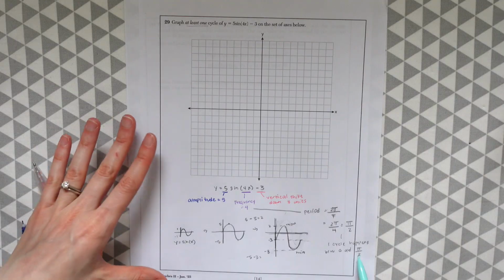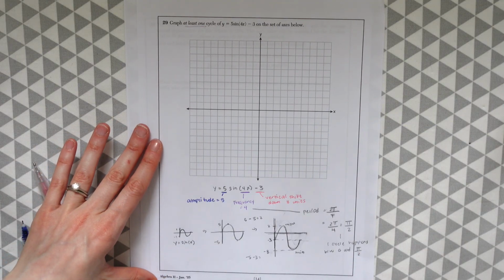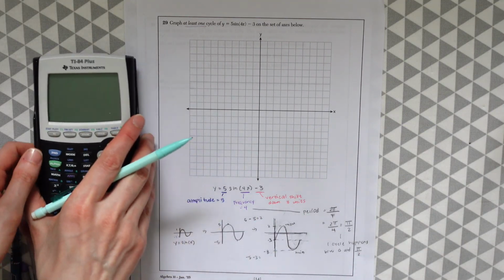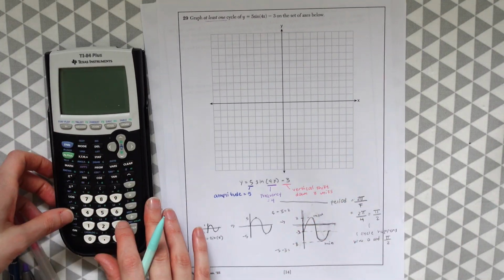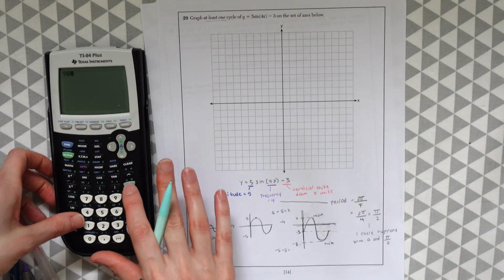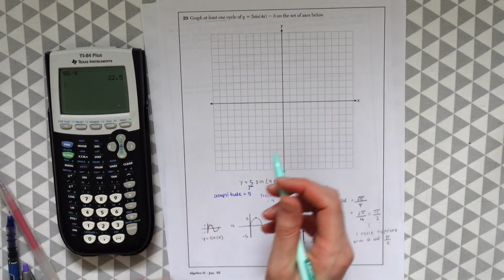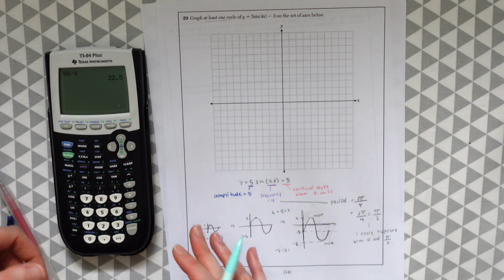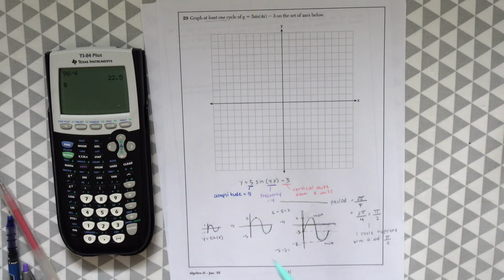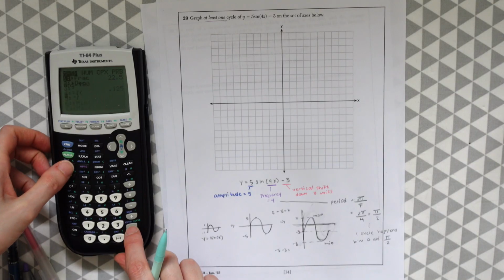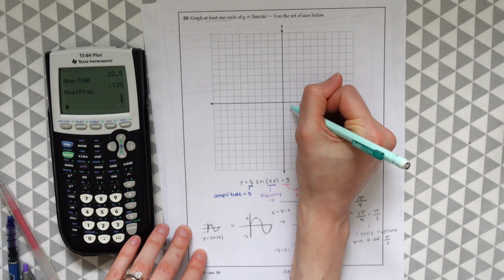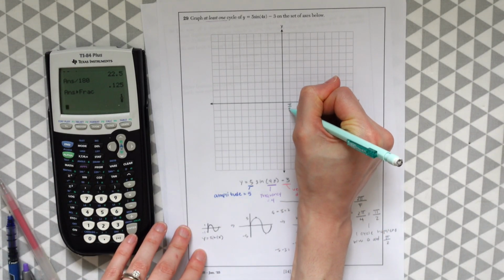We're going to be ending at pi over 2. So to find out what values to put for the x, pi over 2 is equal to 90 degrees. So we're just going to do 90 divided by 4. So we're going to be counting by 22.5 degrees and converting this into radians. So 22.5 divided by 180 is 1 over 8. So we're going to get to pi over 8 here.